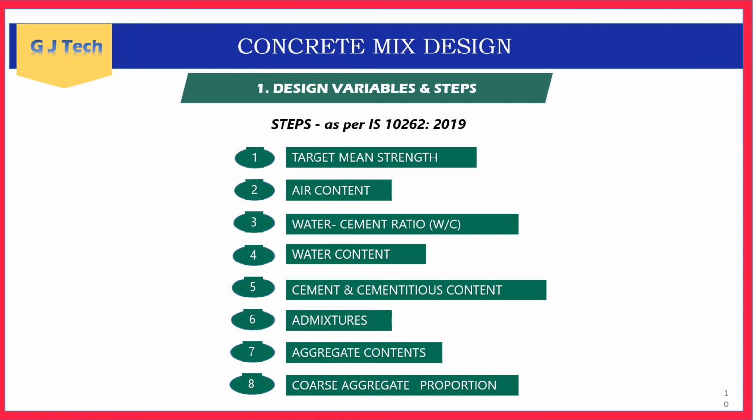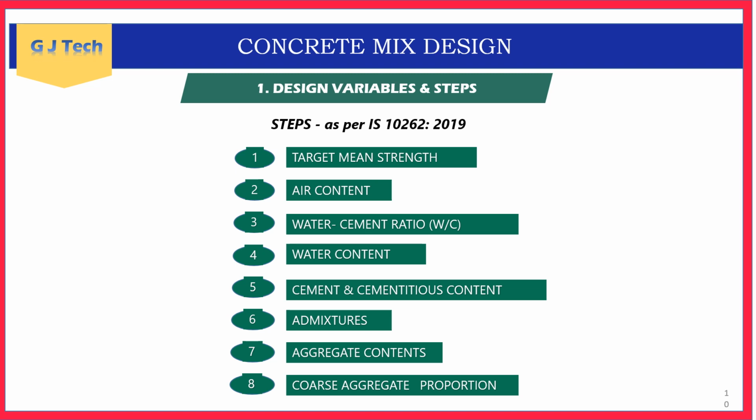One more thing to remember is we need to have a clear picture of the different variables. So I'm reminding the different design variables once again here, or the different steps or computations required in mix designing of concrete. So there are 8 design variables. We need to calculate target mean strength stepwise.